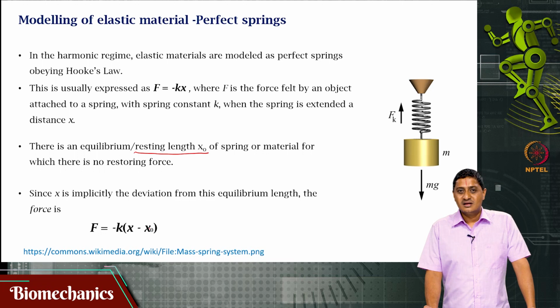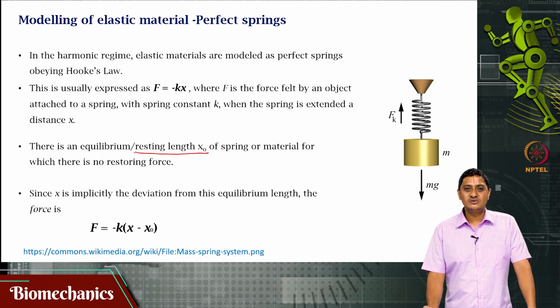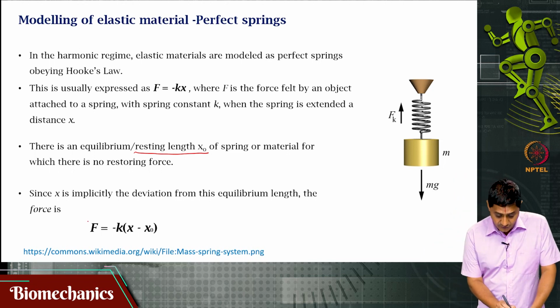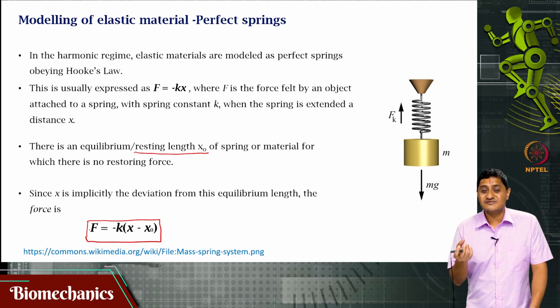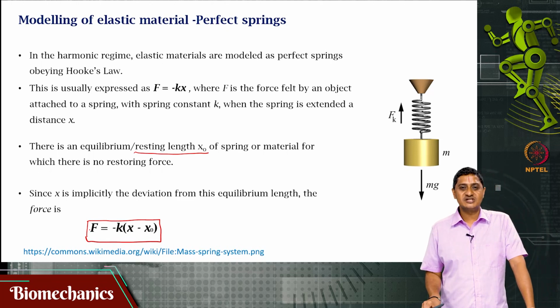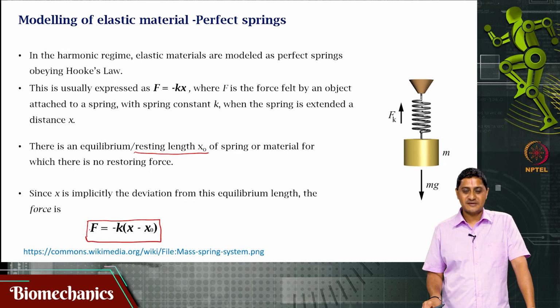Of course, it is possible that the more the deviation from the equilibrium position, the more will be the force, but that relationship need not be linear. That is another possibility, but here we restrict our attention to just linear springs. So, the force developed is a function of deviation from resting length, how far away from resting length you are, and there is a constant of proportionality, that is k.